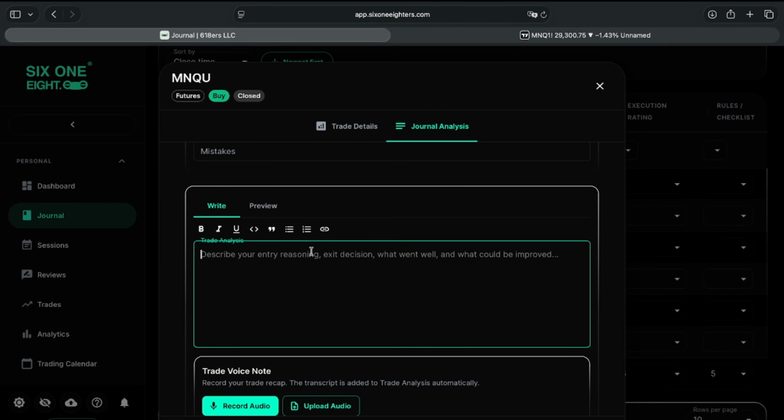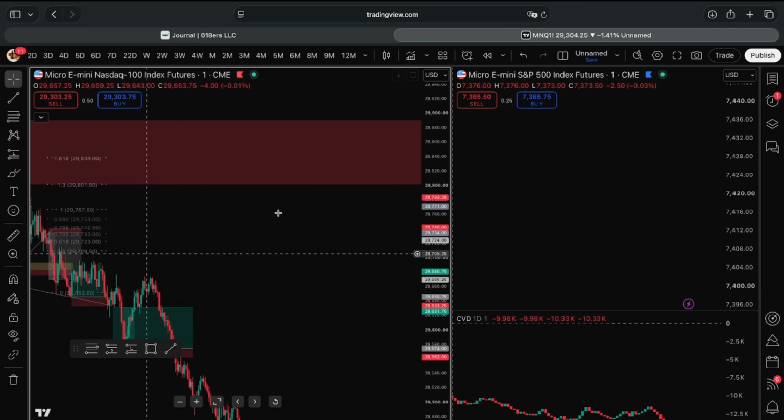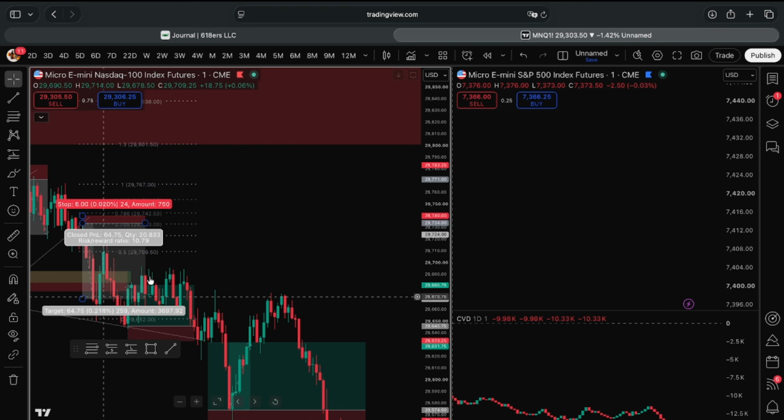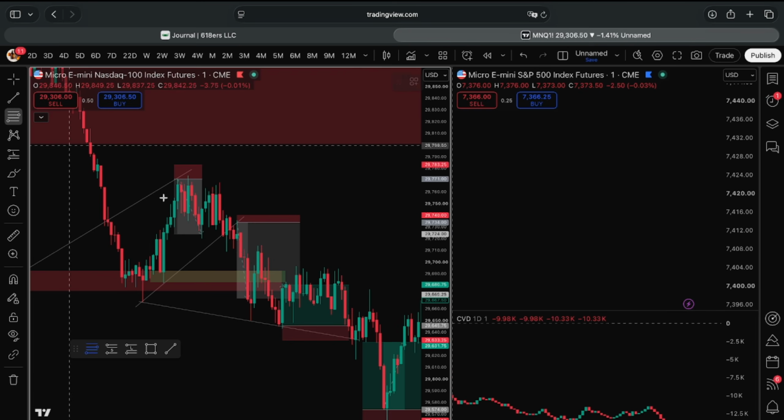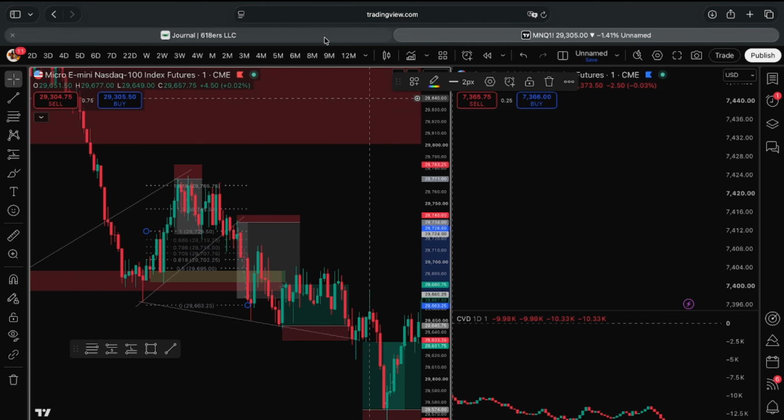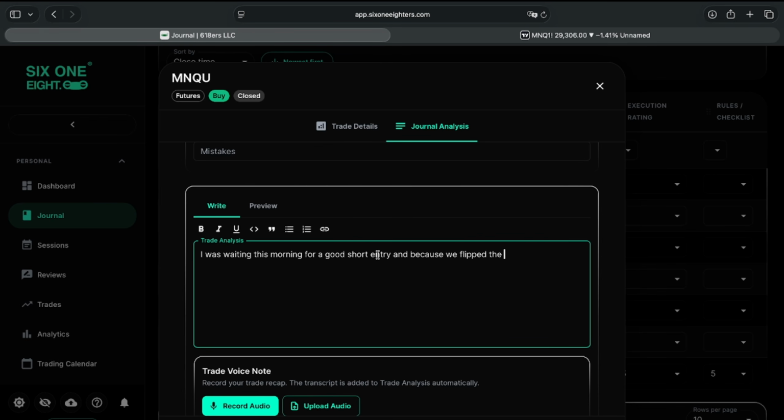So what can I write about this trade? I was waiting this morning for a good short entry, and because we flipped the previous trend line, I was willing to short in that zone.